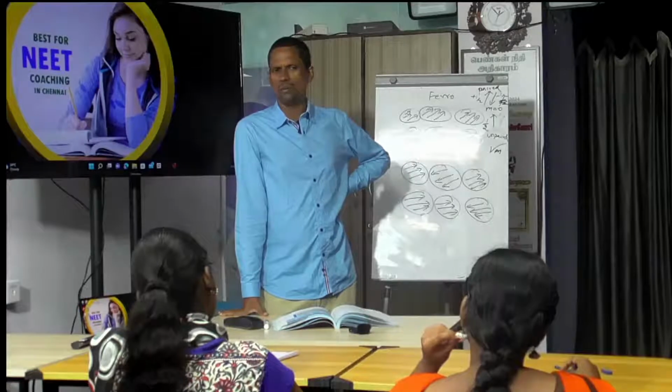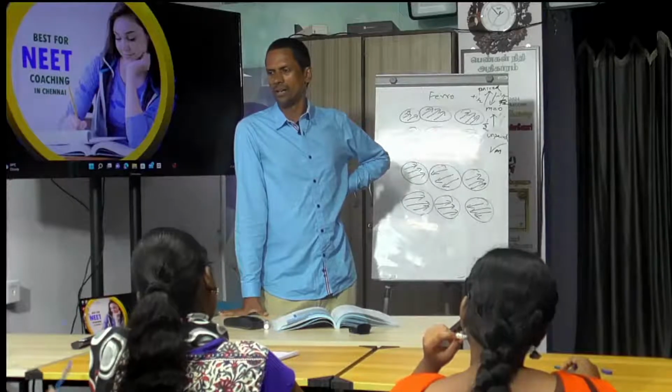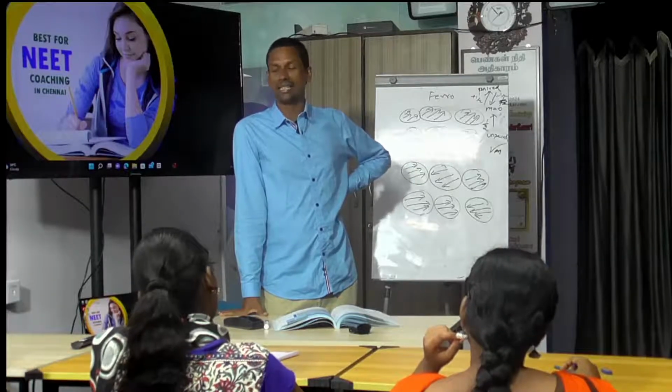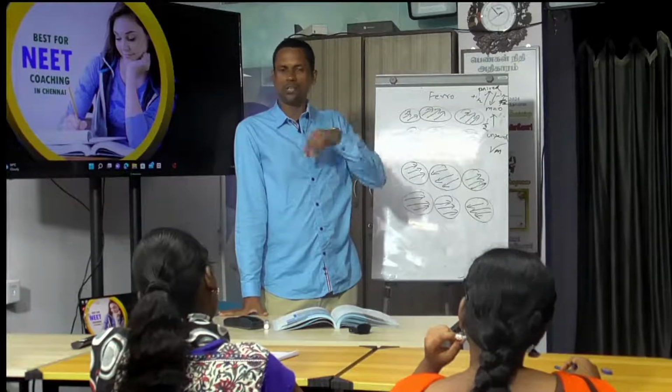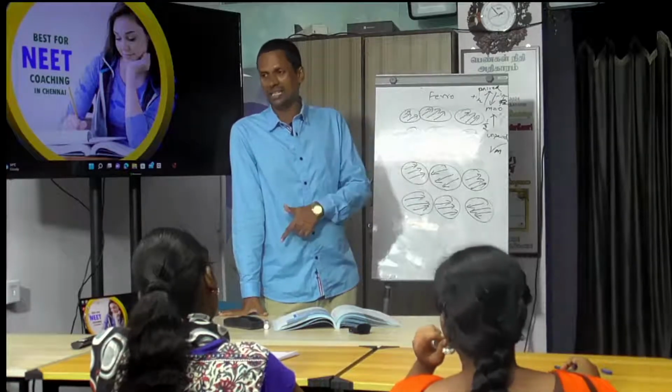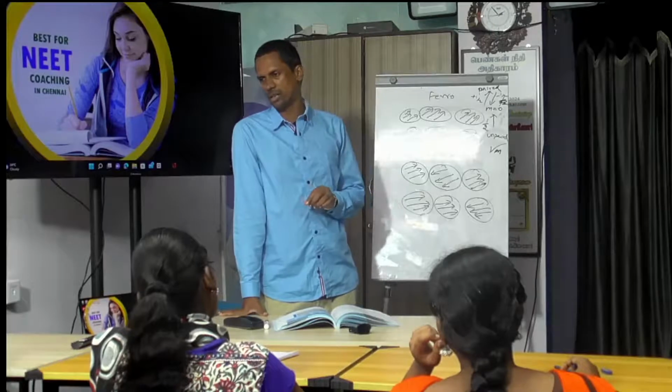How come minus 1/2? Unpaired is there. See, that is electron. The electron is rotating. I am asking about magnetization, I am not going to ask about electron rotation.